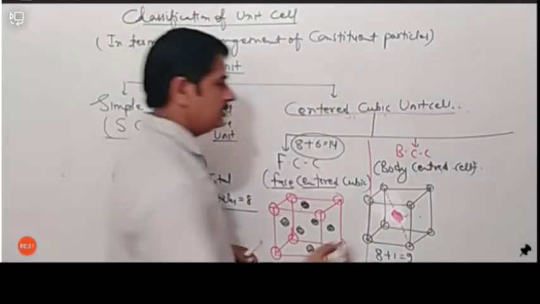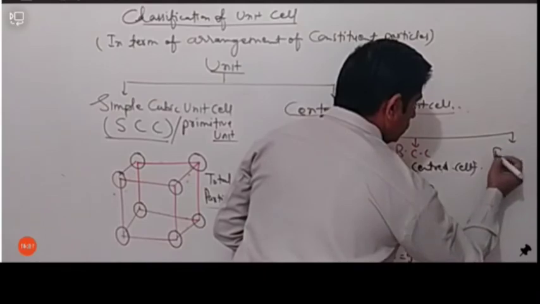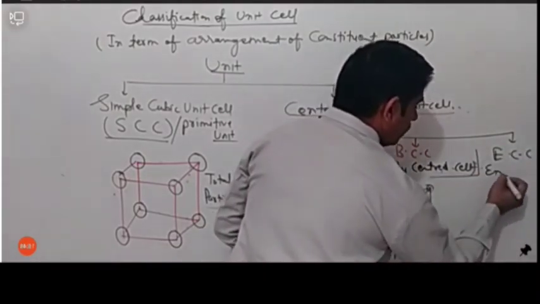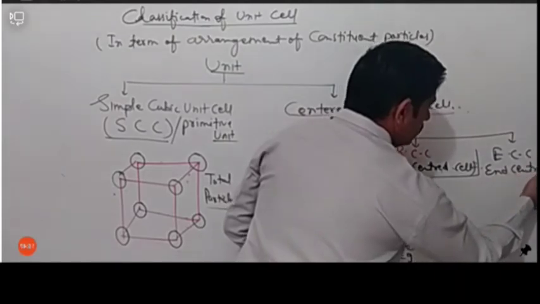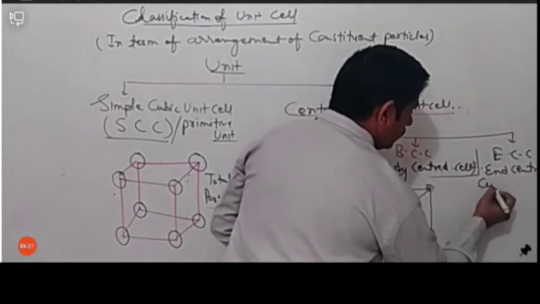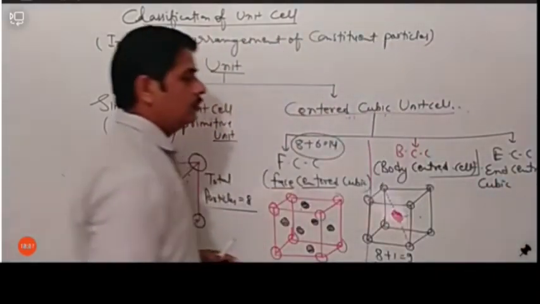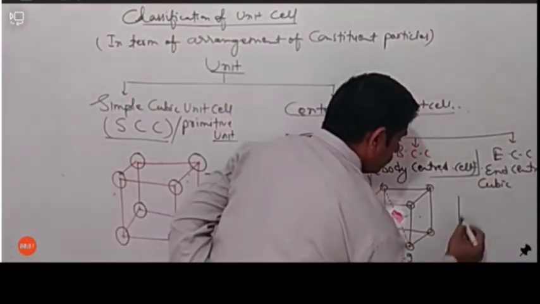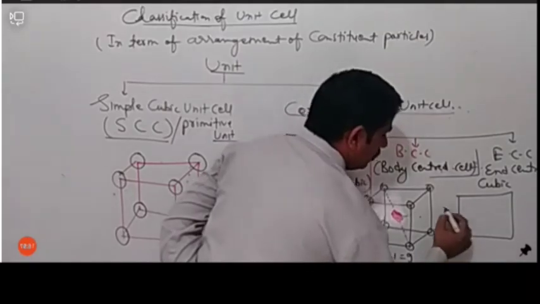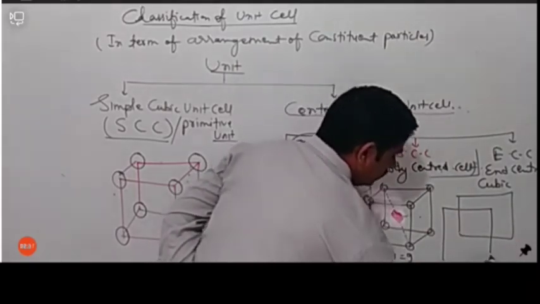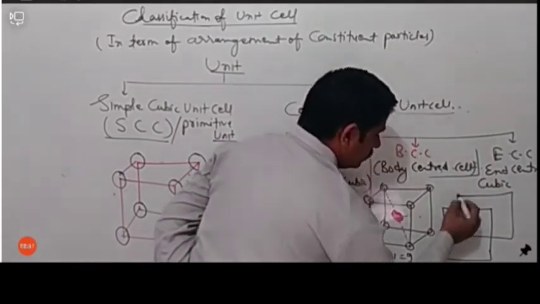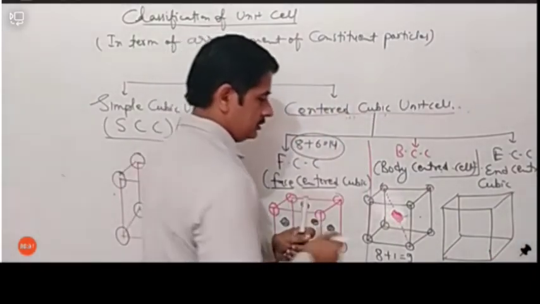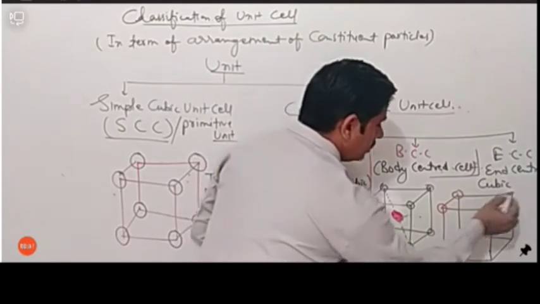Okay, and the last is ECC. It is called end-centered cubic. In end-centered cubic, you can see again we will have to draw a cube, and in this cube we will have one particle at each corner like this.